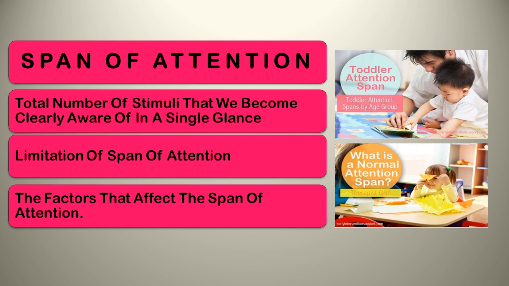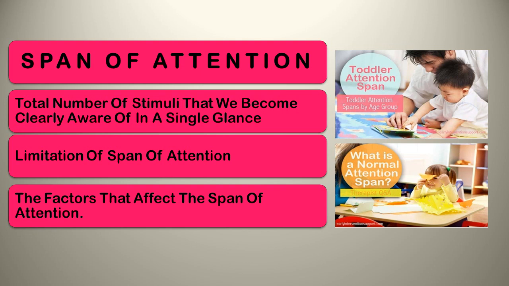For a normal adult, the span of attention varies between 7 to 8 digits or alphabets. This is the reason why digits in a postal pin code or vehicle number are never more than this limit of 7 to 8 digits.